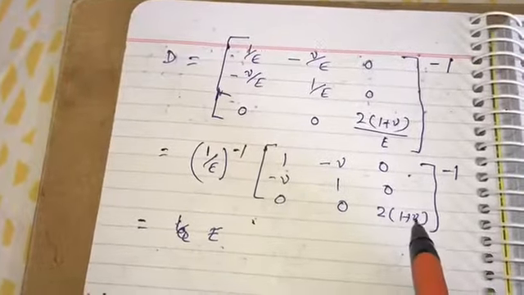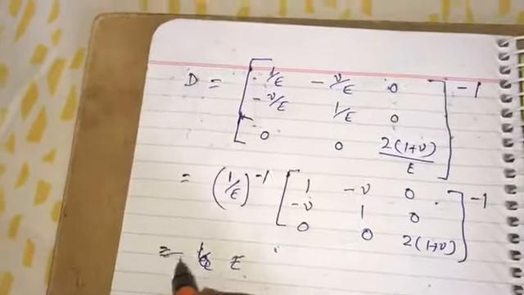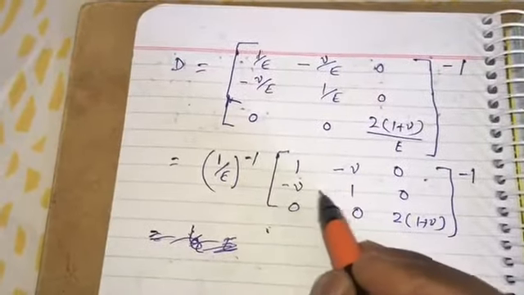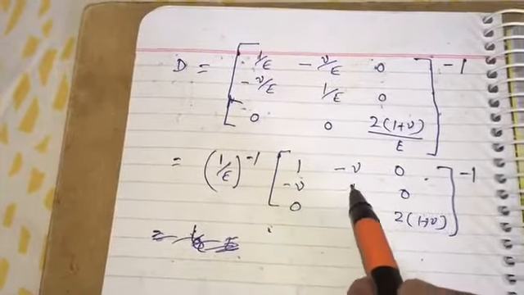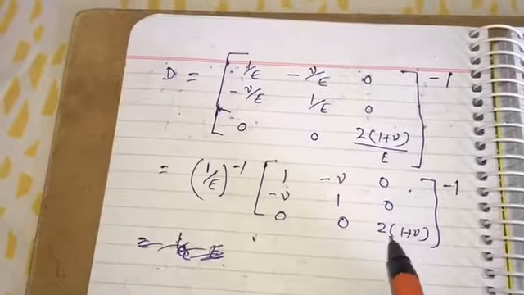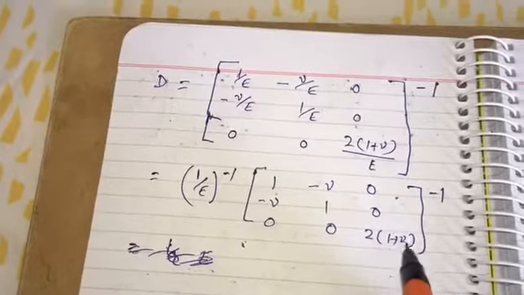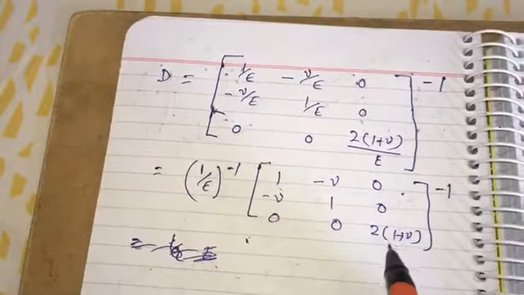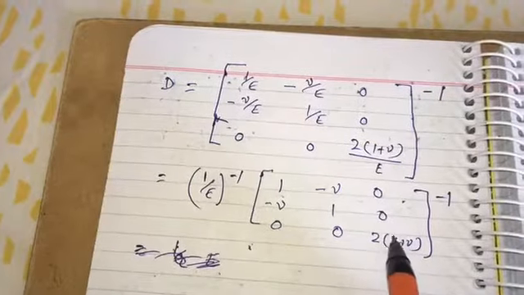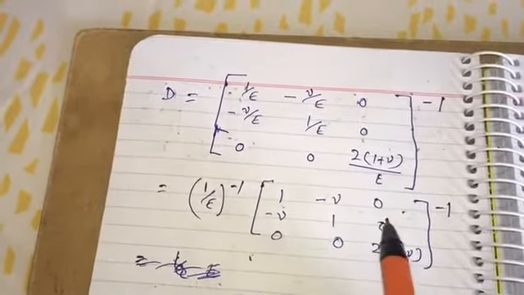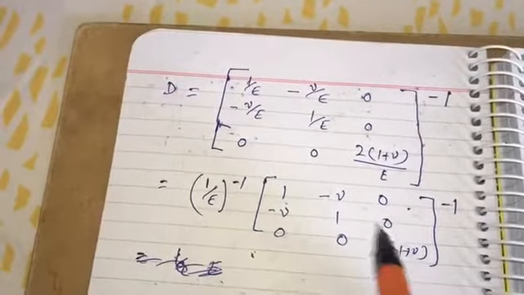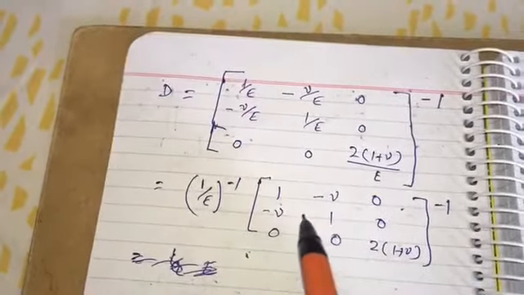If you want to invert this, we can invert this first, and the inverse of this will be 1 over 2 times 1 plus nu, that we know already. Since the components of this are 0, 0 here, we can invert them independently.